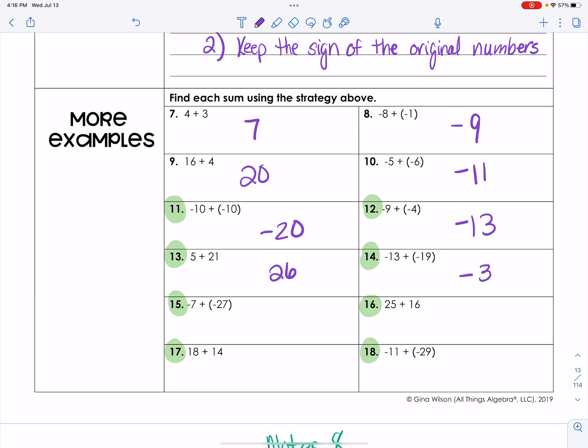This one is a -32. This is a -34, 41 is positive, 32, and a negative, because they're both negative, 40. So if the signs are the same, you're going to add just the numbers themselves and keep the sign.